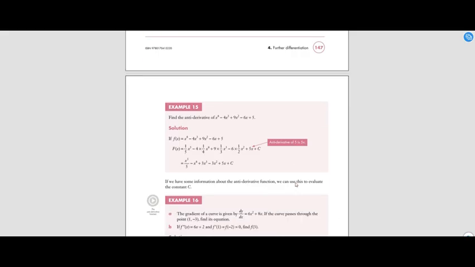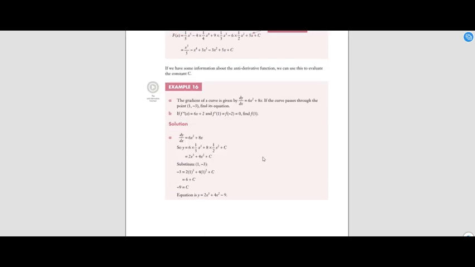Now they may ask a very similar question, slightly differently. They say that the gradient of a curve is given by dy/dx equals 6x squared plus 8x. If the curve passes through the point (1, -1), find its equation.